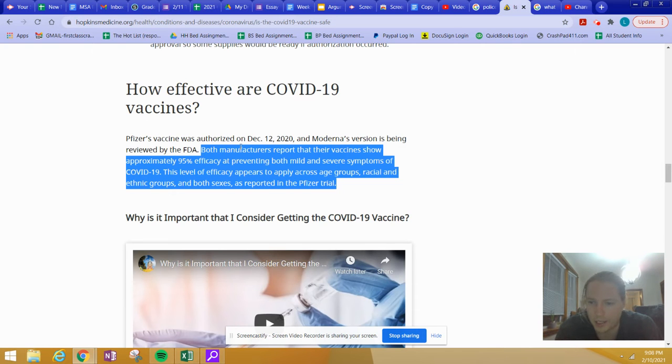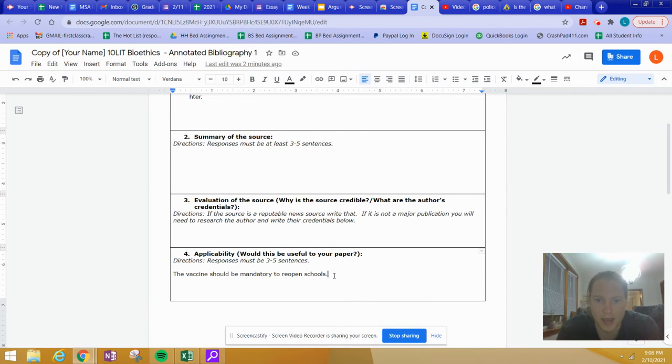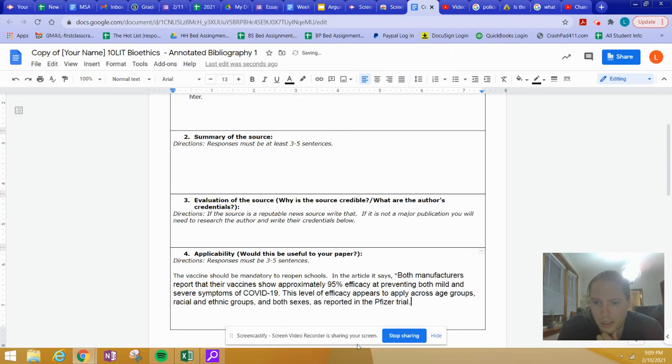So I'm going to highlight what I'm going to use. I'm going to hit Control-C. That copies it to my clipboard. Then I'm going to go back, and I'm going to have some sort of introductory phrase, like, in the article it says, comma, and quotation mark.